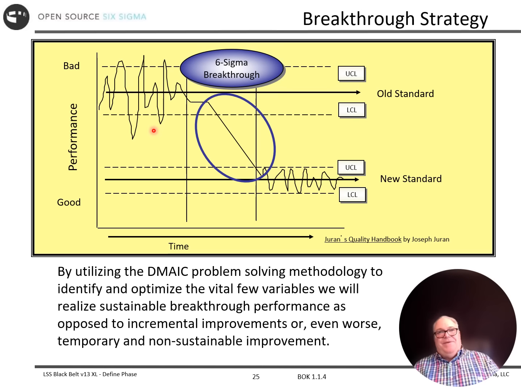Not really good. We had a lot of variation in the process. Customers not very happy. If these are defects that we're throwing away, then we've got a lot of cost of poor quality. And then through understanding what X's are important, we're able to shift the process in the good direction, get better performance, and also better consistency.